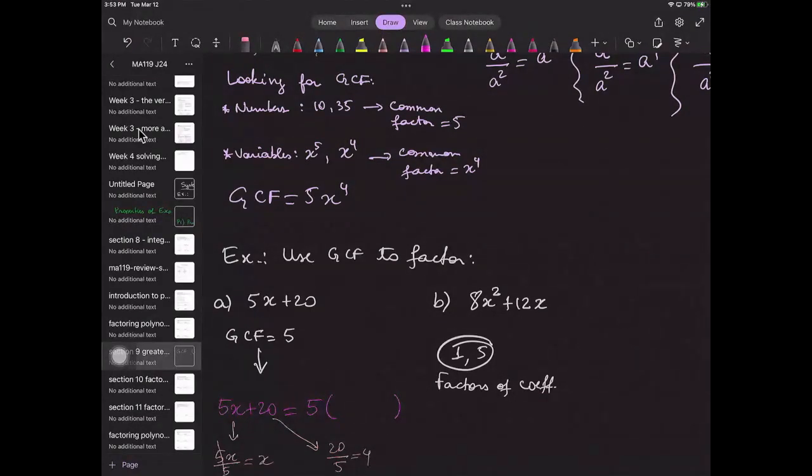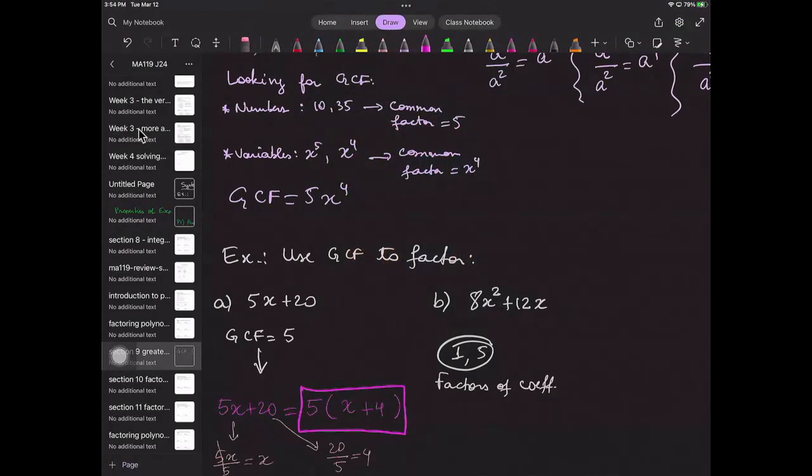So inside the parentheses, when I divide it by 5, the result goes inside the parentheses. So I have 5 times, inside the parentheses, x plus 4. So the answer for part A is the factorization I just gave, which is 5 times x plus 4.